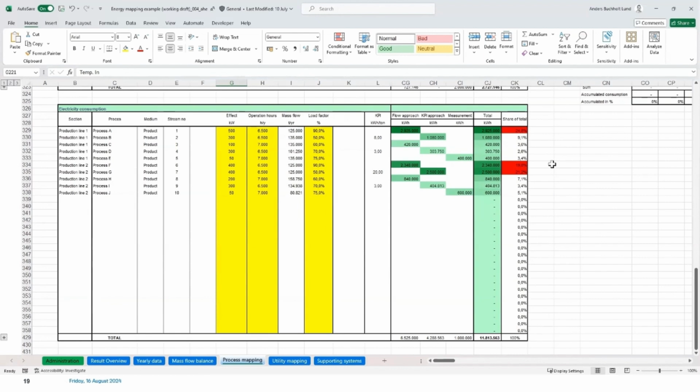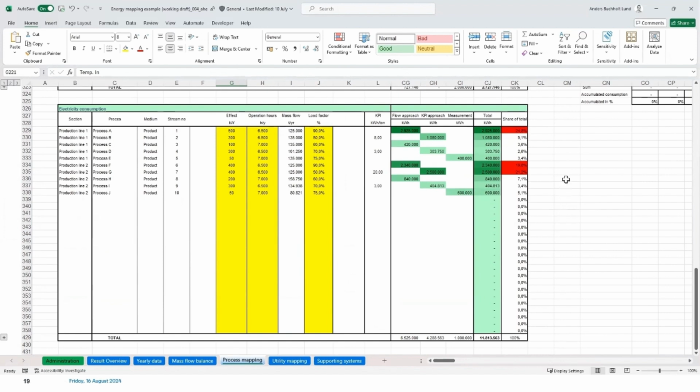And then we can go again with three approaches. We could generate the KPI, or not the mass flow, where we calculate: we have the effect times the operation hours times this load factor.